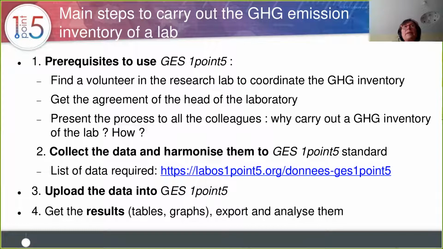So how do laboratories carry out this inventory of their greenhouse gas emissions? We have to determine this process for every lab, and they all have to go through this process to be sure that everyone is on the same wavelength. Particularly, there are prerequisites that we really want every lab to comply with. First of all, we have to find volunteers, at least one volunteer in the research lab to coordinate the whole inventory.